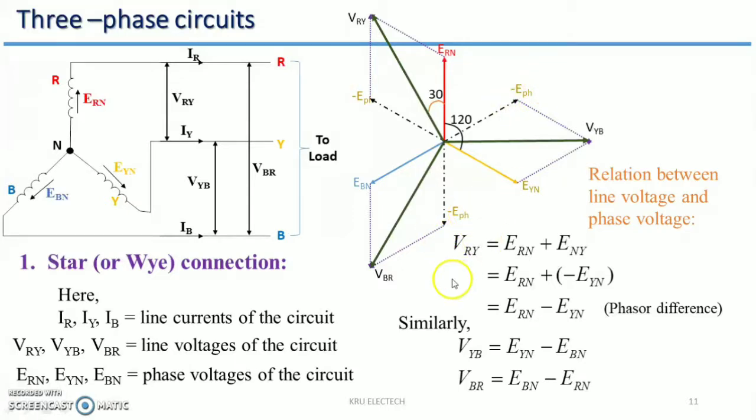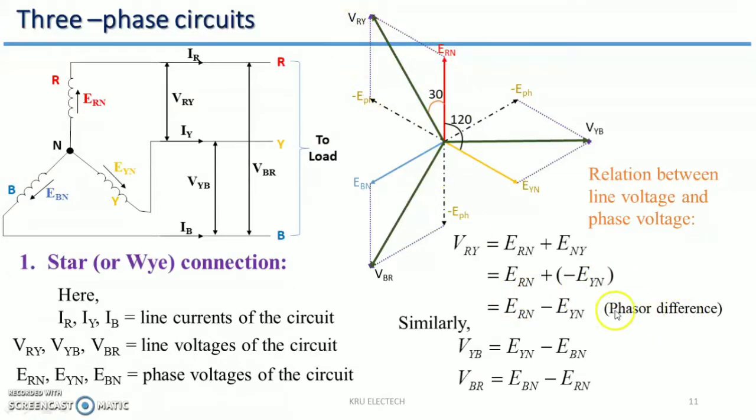Here is the mathematical expression. This is VRY. What is VRY? That is the resultant of ER plus minus EY. Here is the minus EY; the addition of these two is VRY.